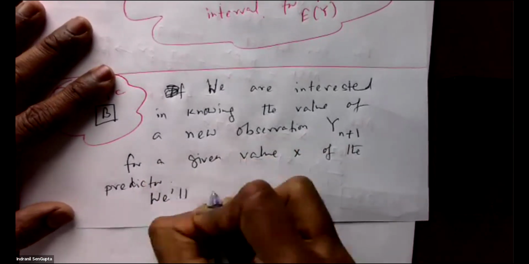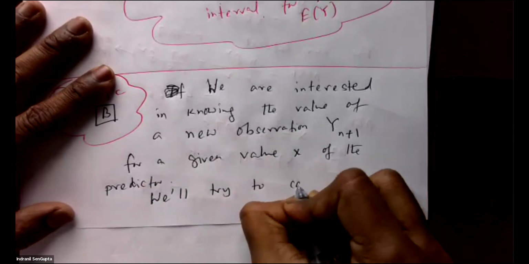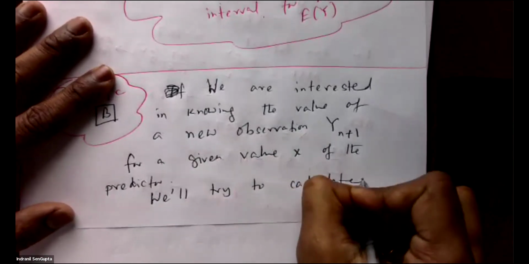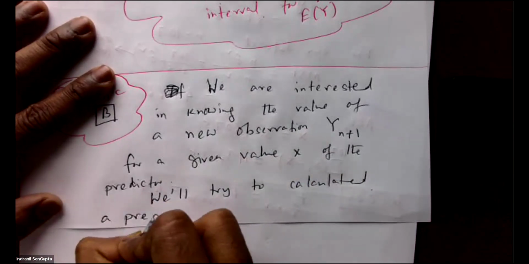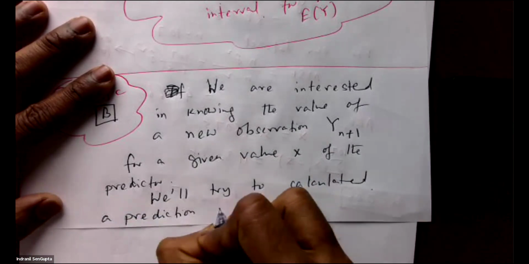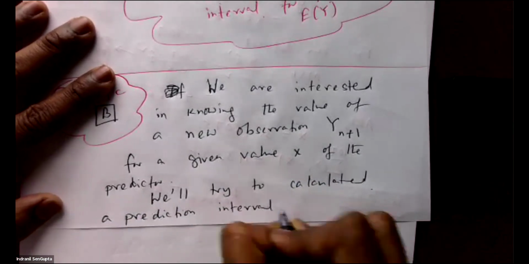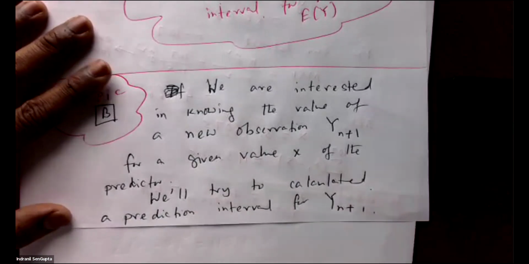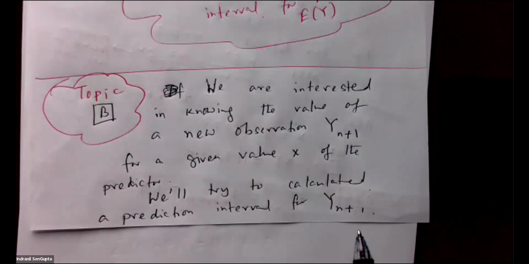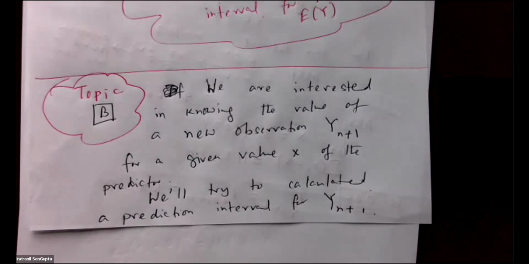We will try to calculate a prediction interval for the new observation y n plus 1. Okay. A confidence interval for y n plus 1. That's a little different.